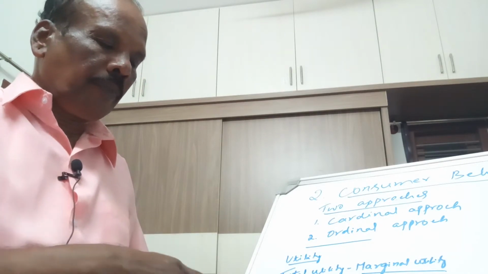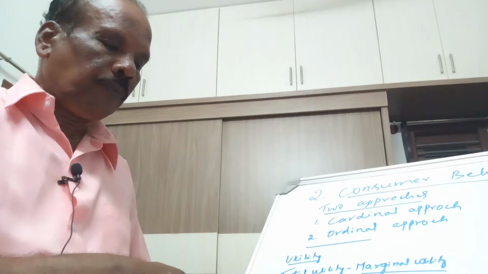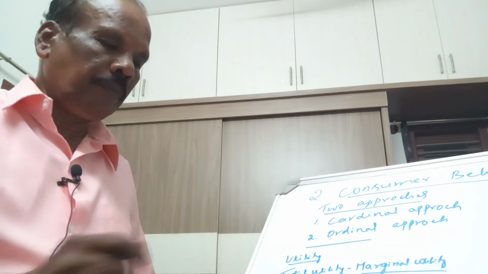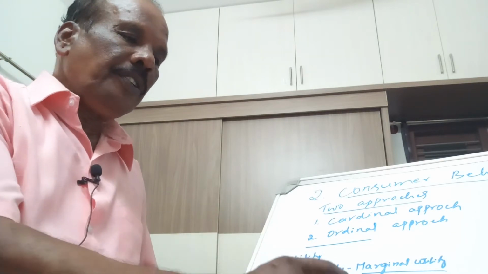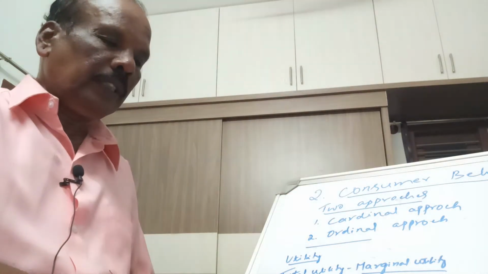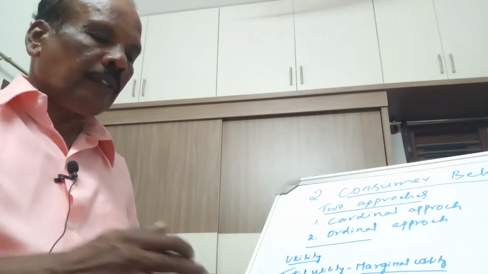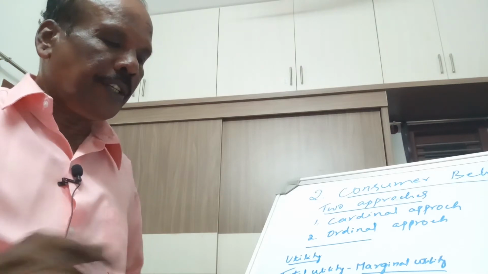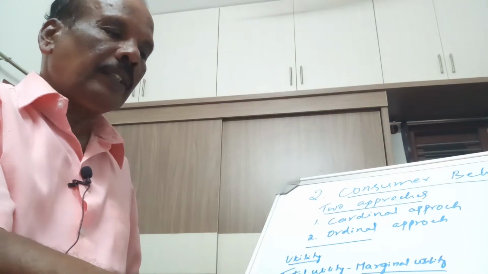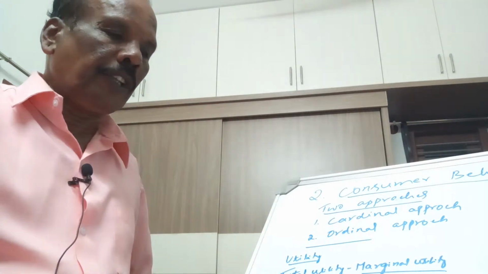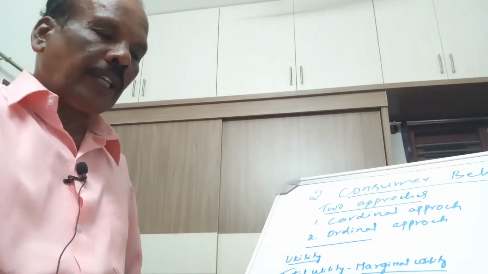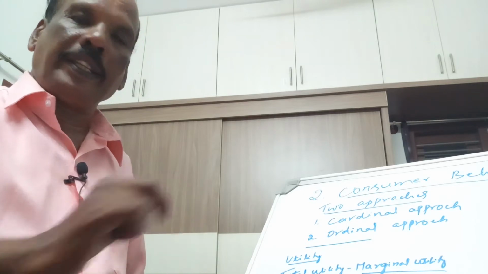For example, when a consumer uses the first unit of a commodity, say jamun, he gets 10 utils of utility. The total utility of the first jamun is 10. The second jamun yields 8 marginal utility. You add 10 plus 8, and the total utility will be 18.